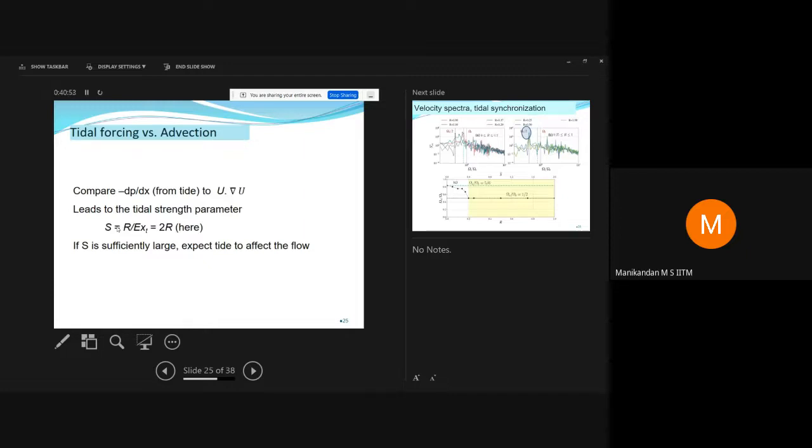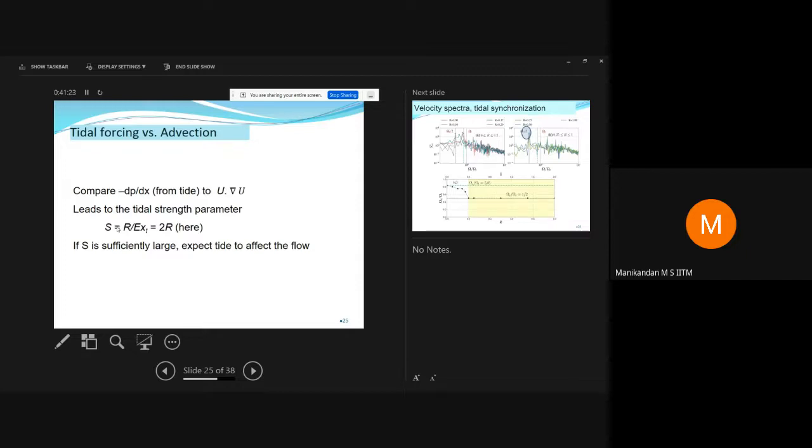And at some point, the two become comparable dynamically. Then you take the ratio, and you get this tidal strength parameter, which is the ratio of the two amplitudes, UT by UC, and your excursion dxT. It turns out that we use an excursion of 0.5. And so if S is sufficiently large, you would expect the tide to affect the flow.